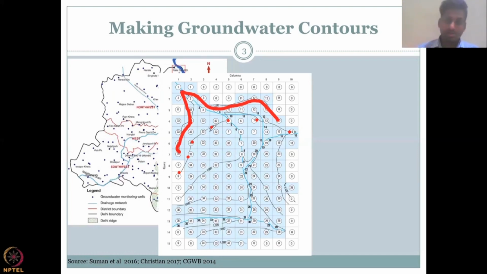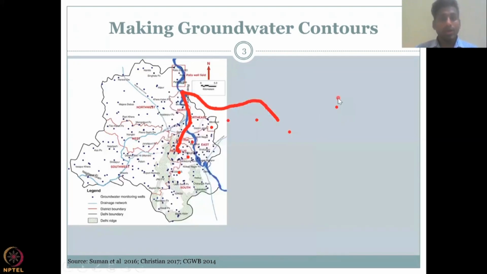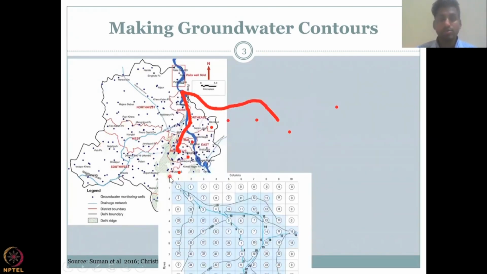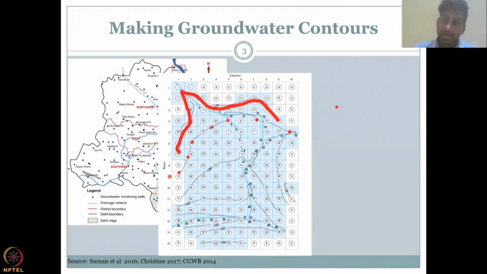So the first exercise is to map the wells, which we have done in the previous slide, and then we map all the data that is having the same record of the water level. Then you map or draw the line connecting all the wells with the same water level.